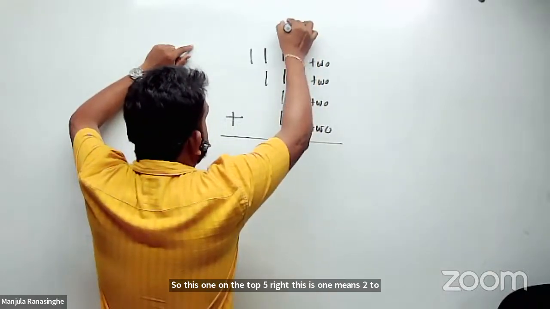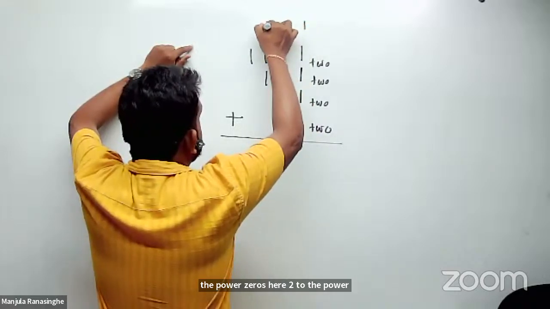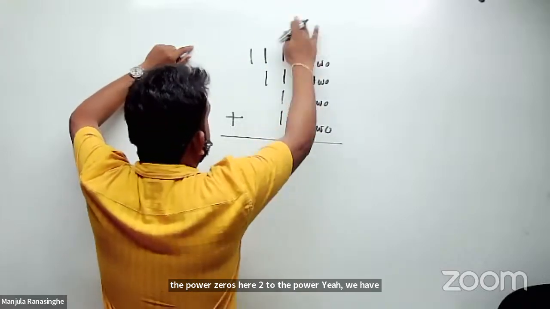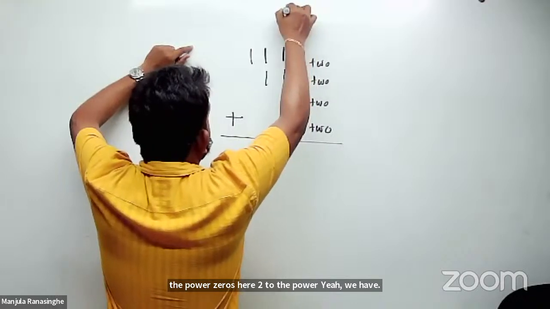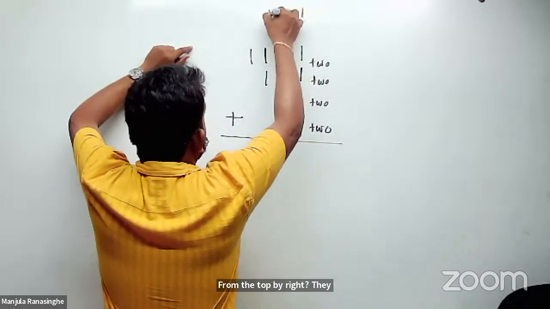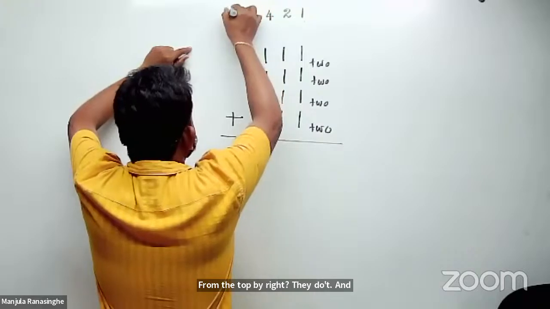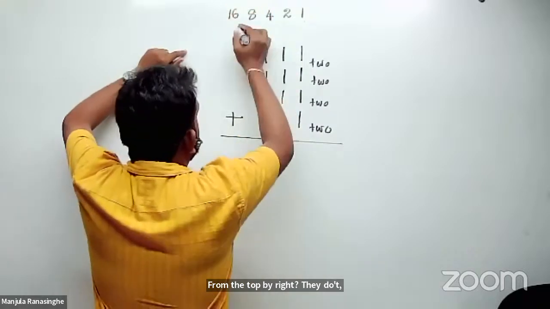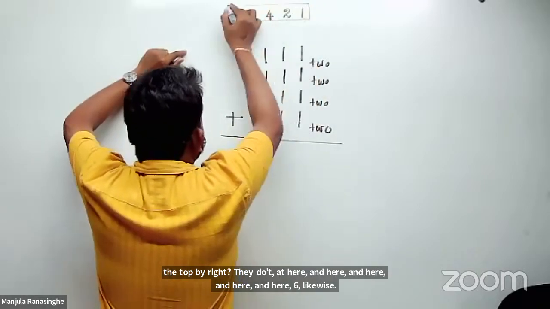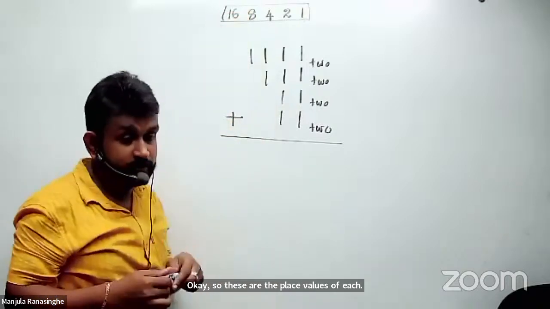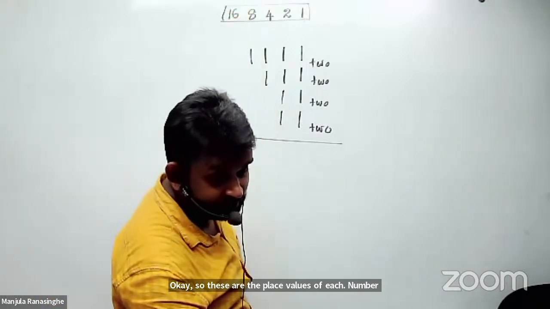Here 2 to the power 1, twos. Here fours. On the top I write ones, then twos, fours, eights, and here 16s, likewise. So these are the place values of each number, right? If there are any doubts, you can ask, okay?